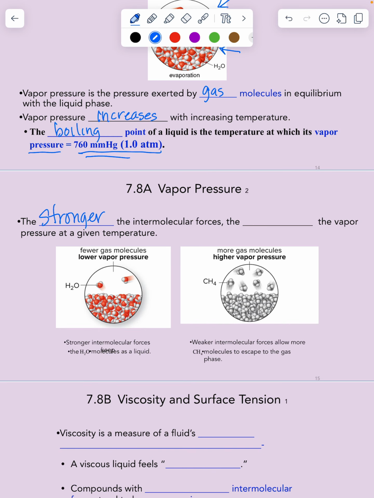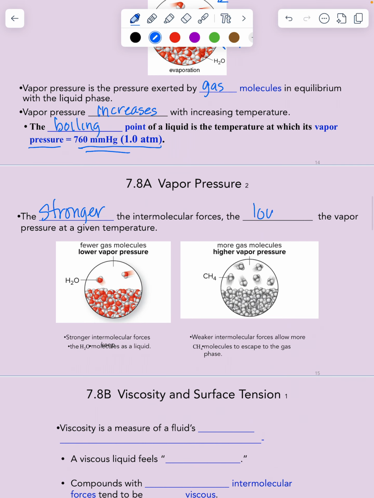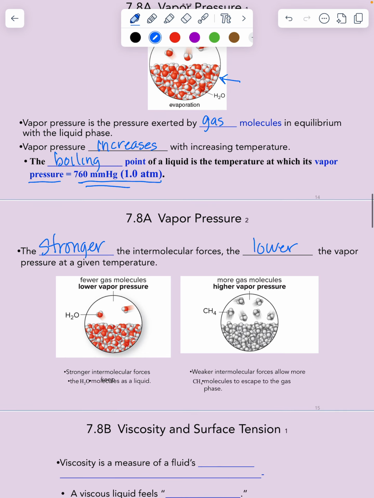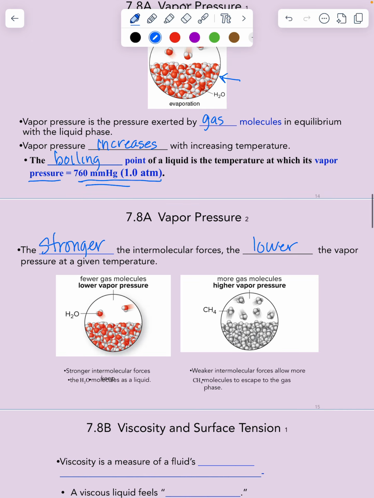So when I teach my students about vapor pressure, I like to think about gasoline. When you go to the convenience store and you put gas in your car, as soon as you open the gas cap on your car, especially if it's a warm day, you can see the gas fumes coming off immediately.